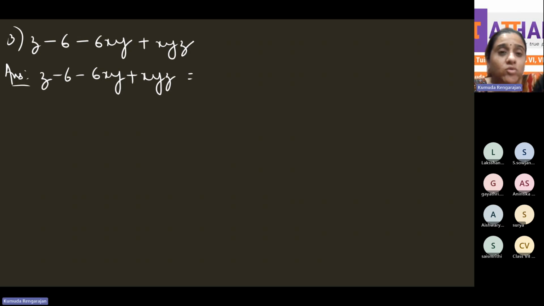So sometimes you'll have to rearrange. Okay. So now when you look at this one, between Z and 6, I can just tell you what else you can do. But where what is applicable comes only by practice.